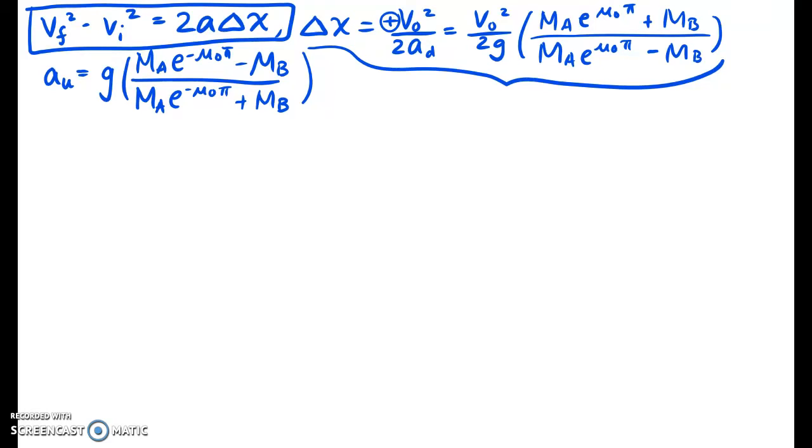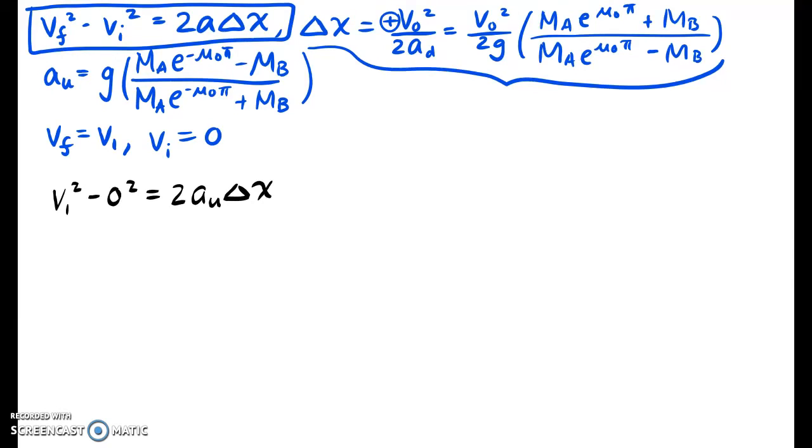We also know that V final is going to equal V1, because that's what we're looking for, and V initial is going to equal 0, since the initial point is when B is at the lowest point, and when it's at the lowest point, it has no velocity. Now let's plug in what we know and solve for V1. So we find that V1 squared minus 0 squared is equal to 2 times AU times delta x.